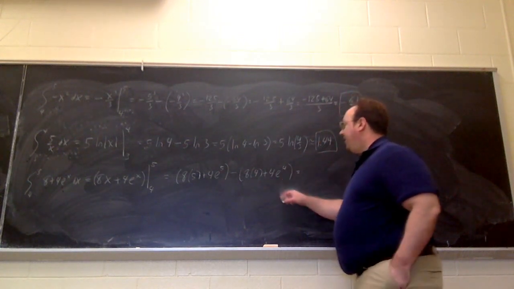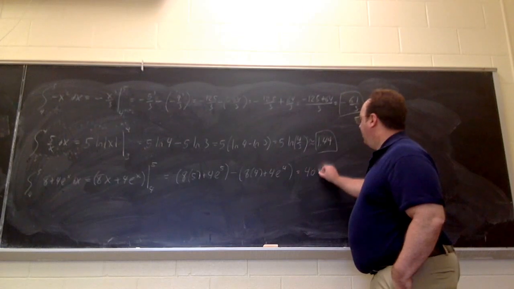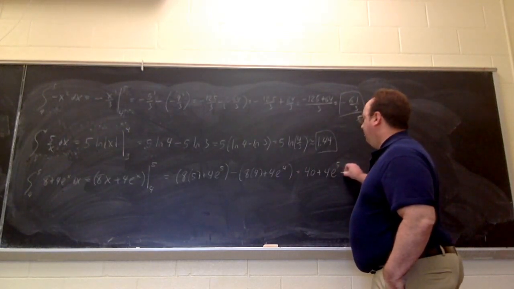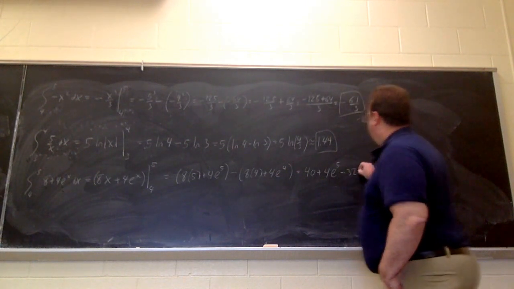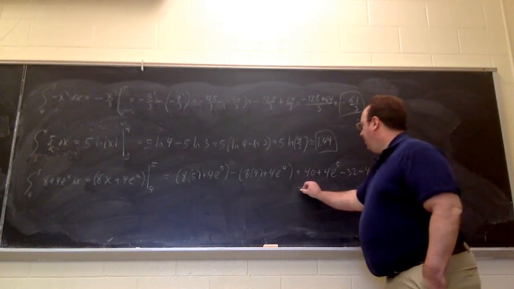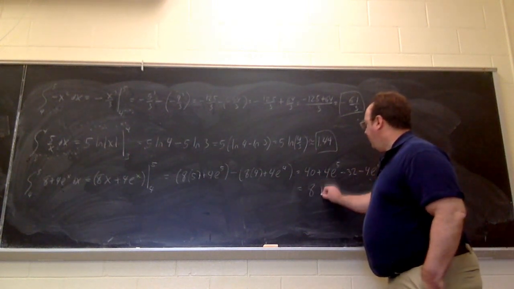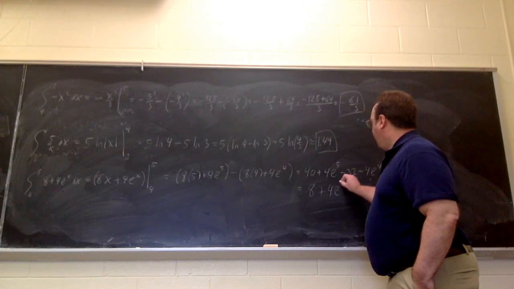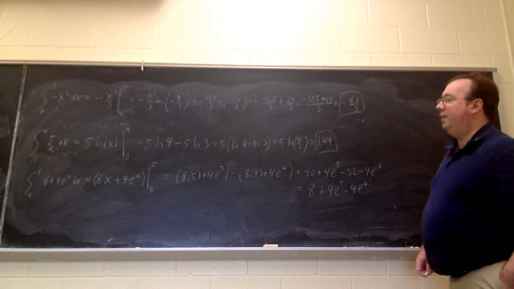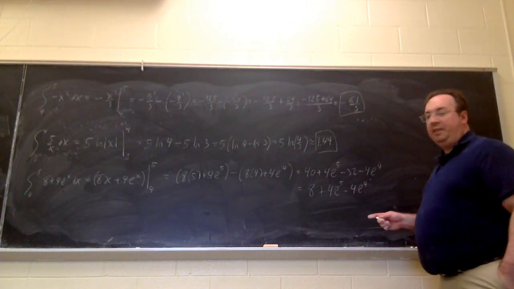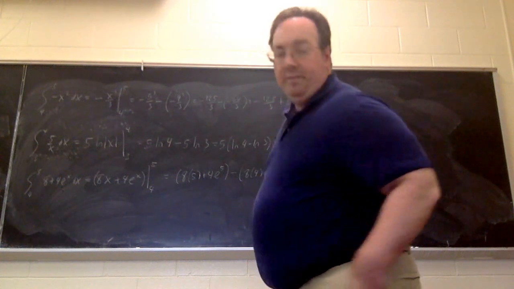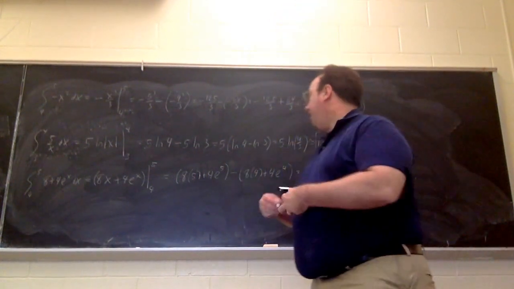So now when I simplify this, I have 40 plus 4e to the 5 minus 32 minus 4e to the 4, and I can condense this a little bit. So that would be 40 minus 32 is 8 plus 4e to the 5 minus 4e to the 4. And if I were to evaluate this expression using a calculator, I'll go ahead and do that real quick.